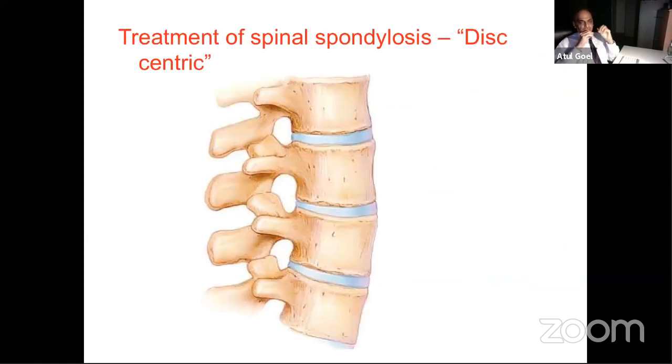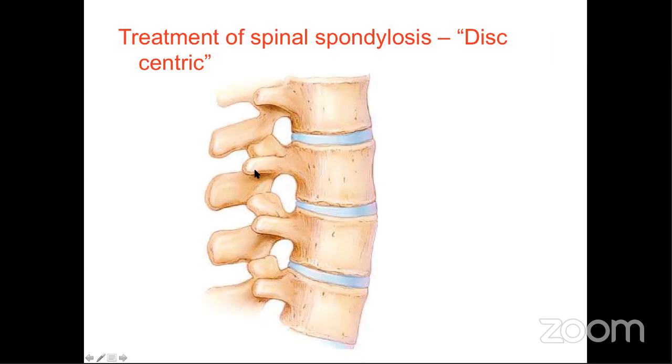So as I mentioned, the entire subject of degenerative spine is disc-centric. The subject of facets has never been studied, and I have challenged this concept that the disc is the problem. My concept is that the muscles are a problem and weakness that is manifested at the facet is the issue.